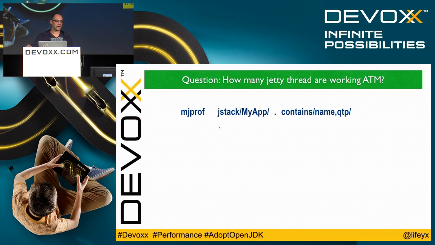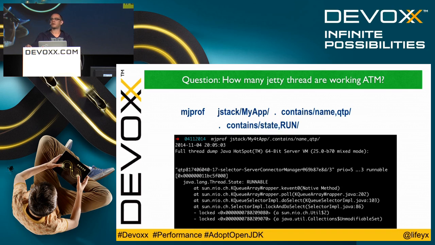And after that, I will also ask about the state of the thread, and it should contain run because I want only runnable threads, and that is the result. I get only the threads that contain QTP in their name and run in the state, and then I can count them again, and get the number of such threads.